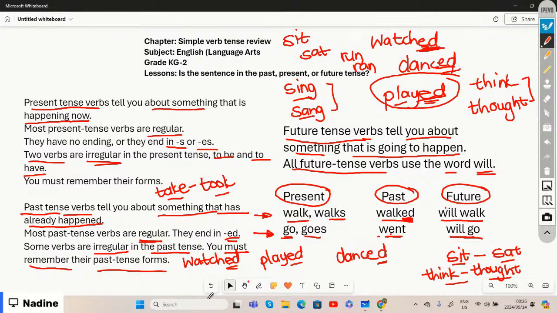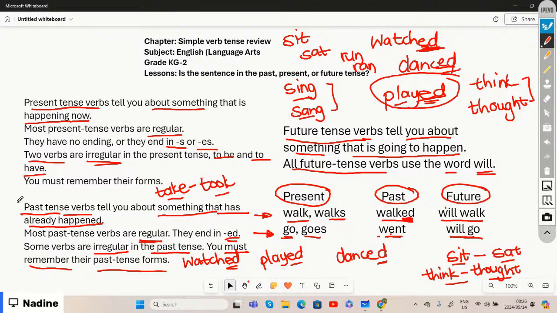And you're going to have to remember the past tense form of the irregular past tense because there's no rule that it follows. An example is sit or sat, thought, ran, sang.